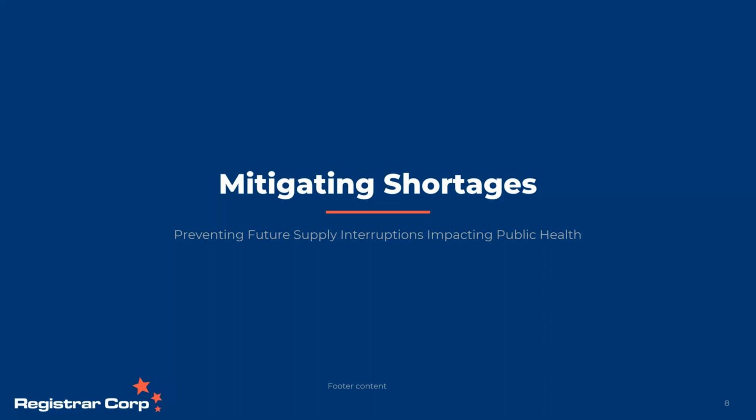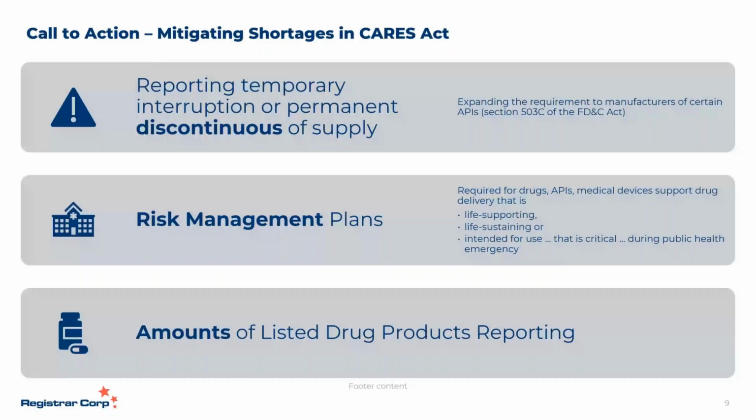The pandemic was an awakening at how fragile the supply chain can be in a global setting. In the CARES Act, the requirement for certain drugs to be reported to FDA when there may be a temporary interruption or permanent discontinuance of supply no longer applies to only finished drugs, but has been expanded to active pharmaceutical ingredients.